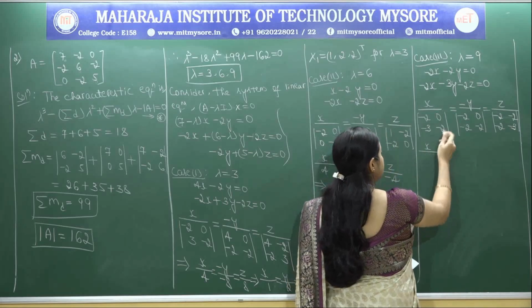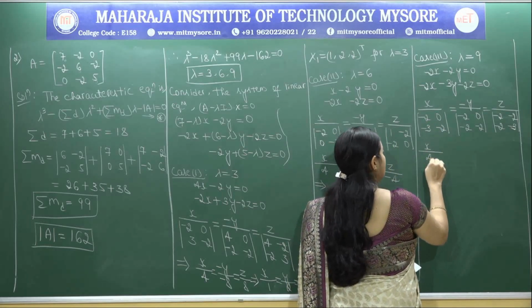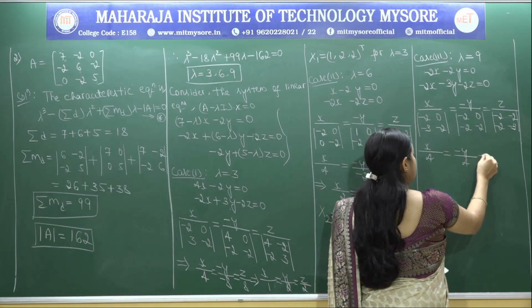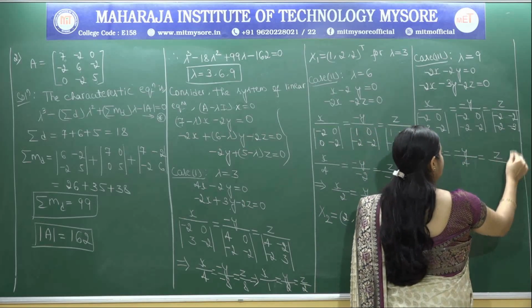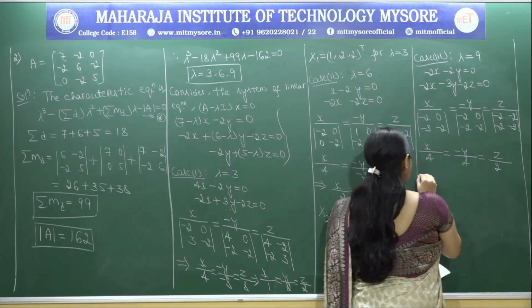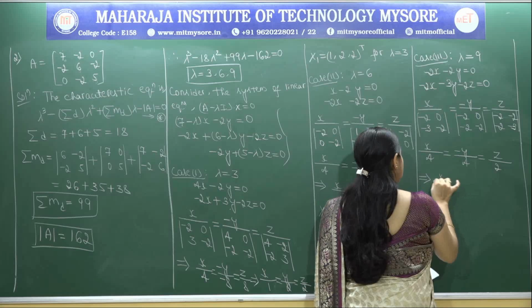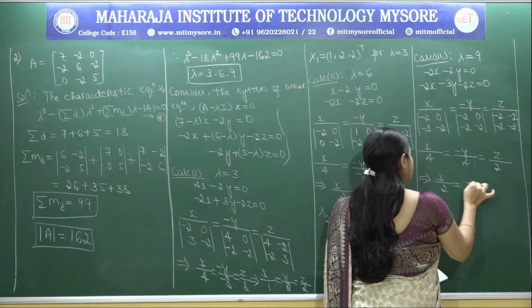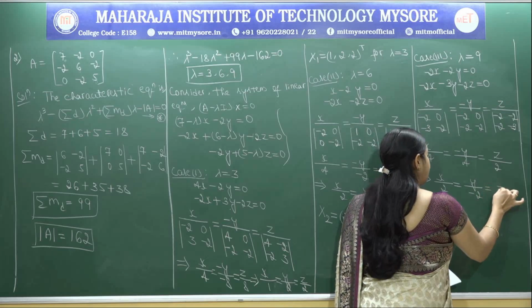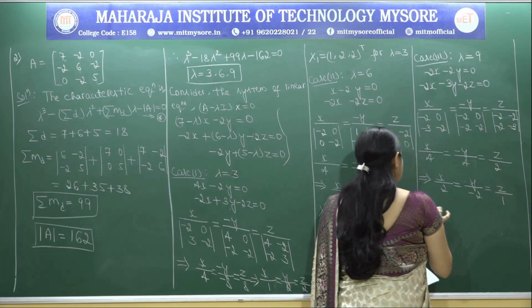So, solve this. The first one, 4 minus 0. The second one, minus y divided by 4. Third one, z divided by +6 and -4, you will get 2. So reduce this: x by 2, y by -2, z divided by 1.